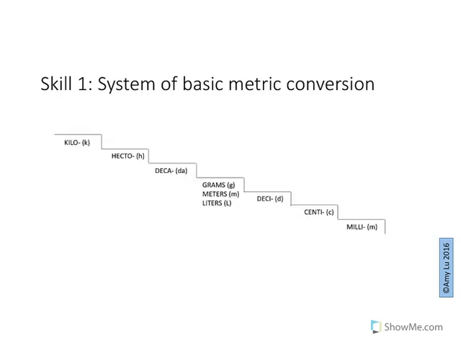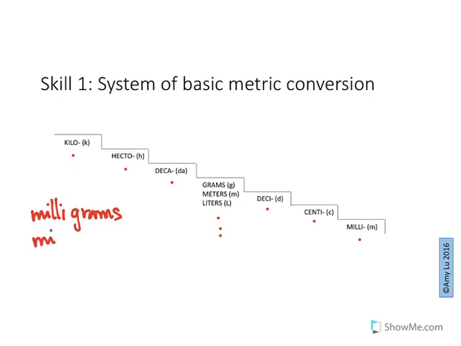So this is the metric conversion staircase. You have milli, centi, deci, and this is just itself: grams, meters, liters. Then deca, hecto, and kilo. You would use, for example, milli and then add grams to it in order to talk about mass.